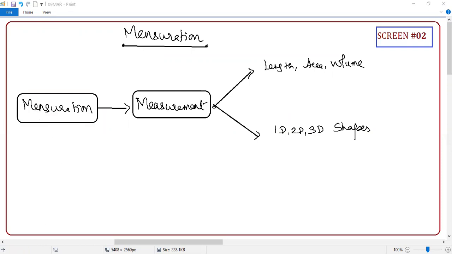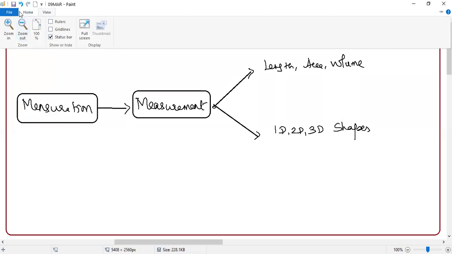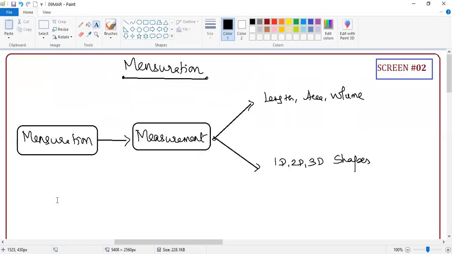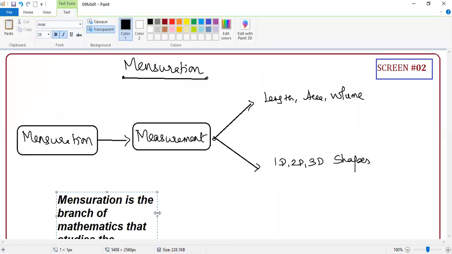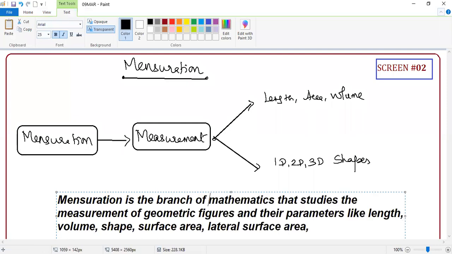Let me take a good definition from Wikipedia or a website. Yes, I'll put the definition here, students.